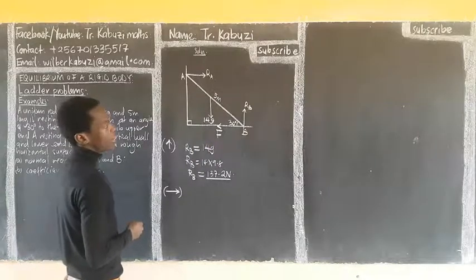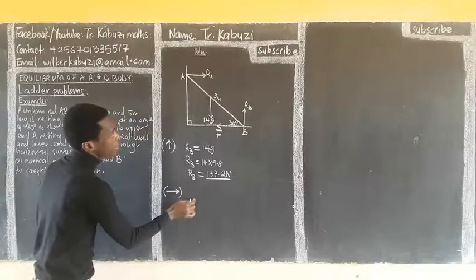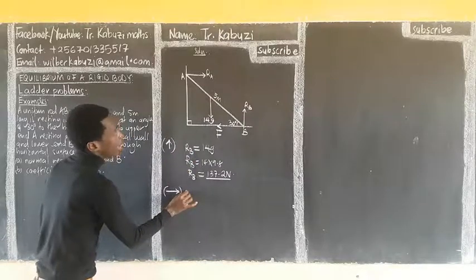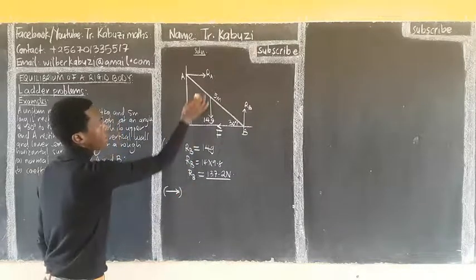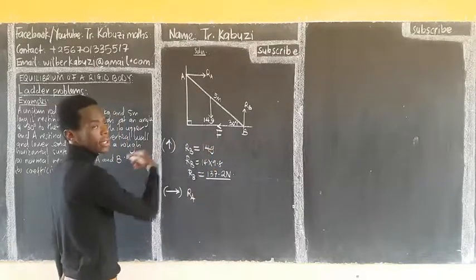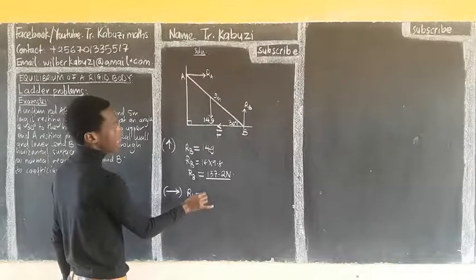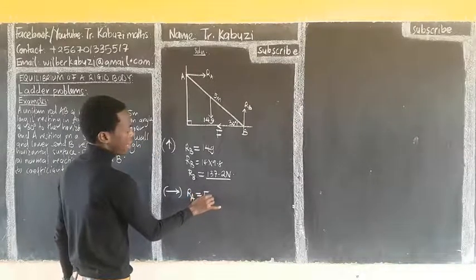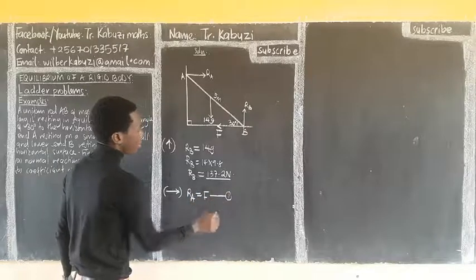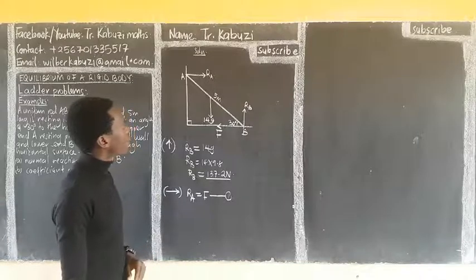So horizontally, this one is going to be RA, and it's going to be equal to this one coming this side, which is going to be F. And I call this equation 1. Now I have two unknowns, I have this and then I have that.